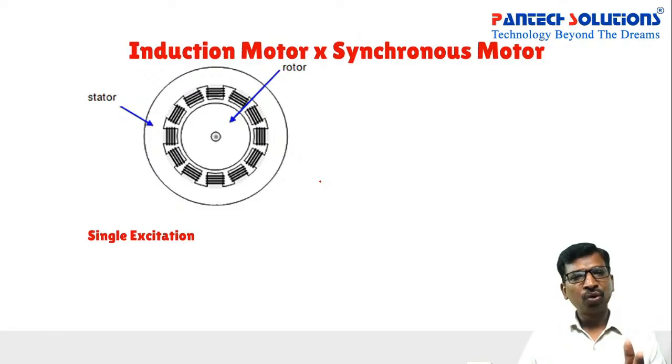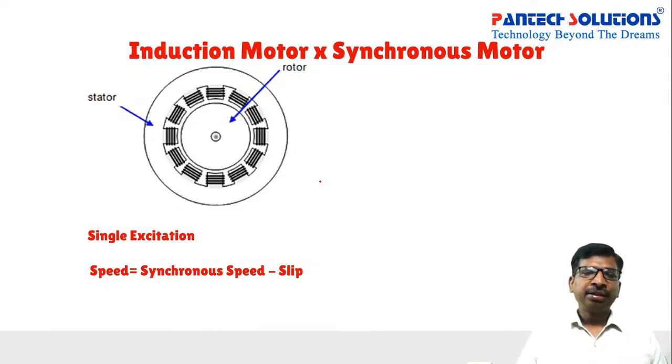For starting this motor, you apply a supply to the stator, right? Once you apply it, then due to the magnetic flux linkage, the rotor receives some force. That force will try to catch the stator synchronous speed, but it will not be exactly the synchronous speed.